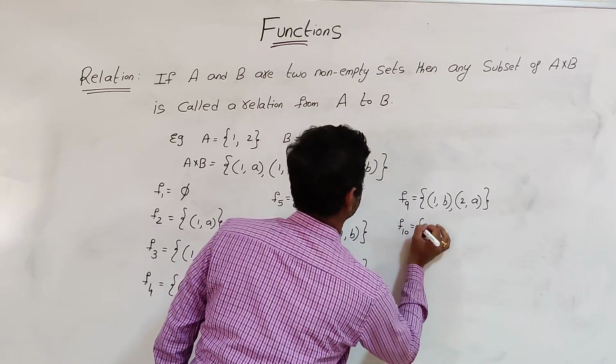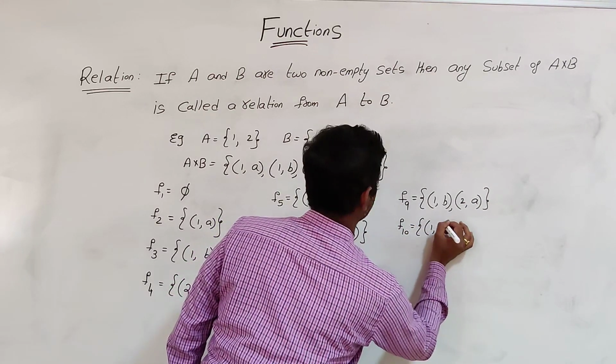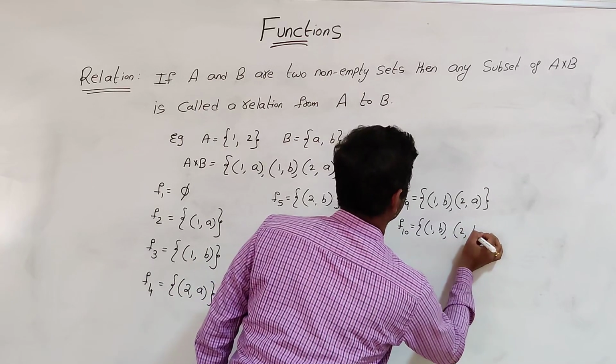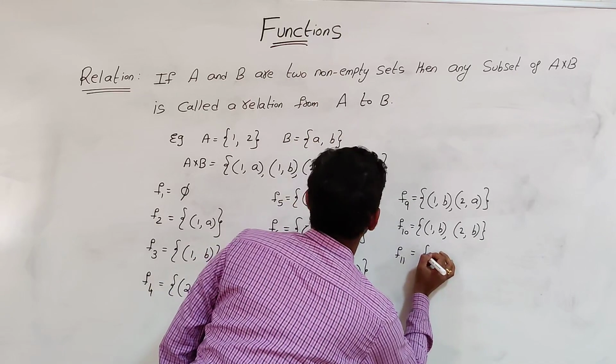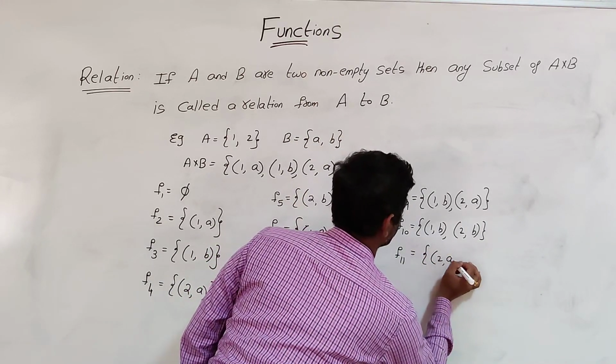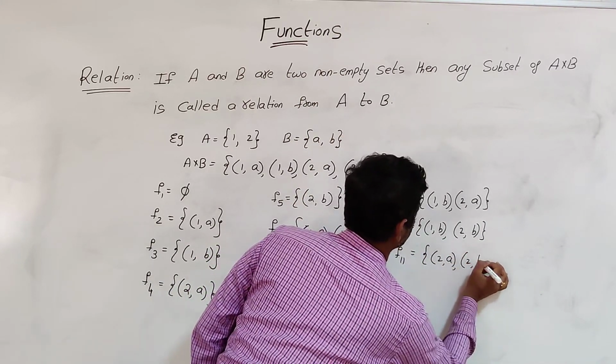F10: (1, b), (2, b). F11: (2, a), (2, b).